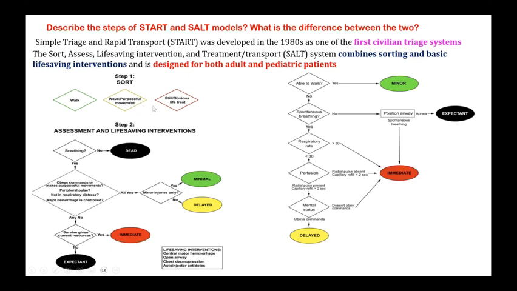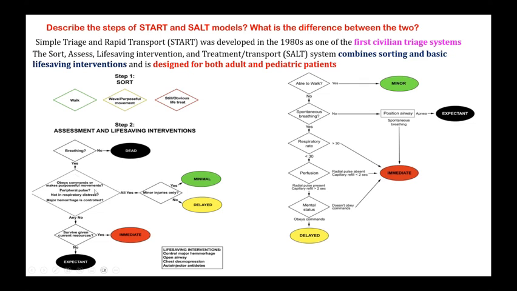Whereas in the SALT flow chart, you check whether the patient is walking, has purposeful movement, and whether an obvious life threat is still there. So you have to first sort the patients into very simple wounds, moderately injured and very seriously injured. That is the first thing to sort out. Then after sorting out, you check whether the patient is breathing or not. No breathing, no pulse, almost dead, goes into the black category.